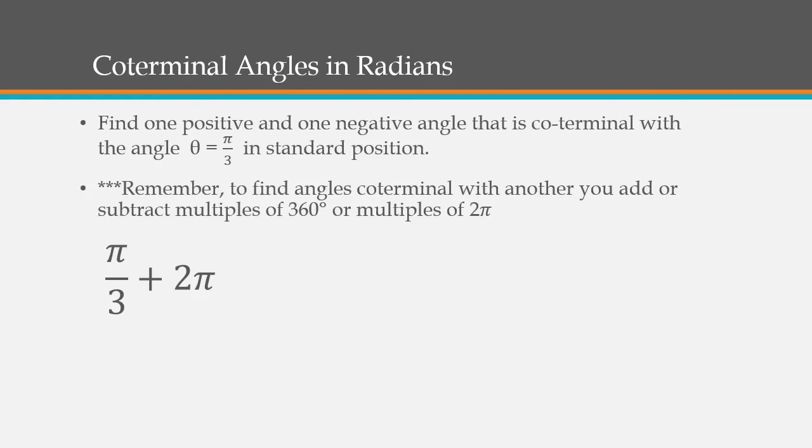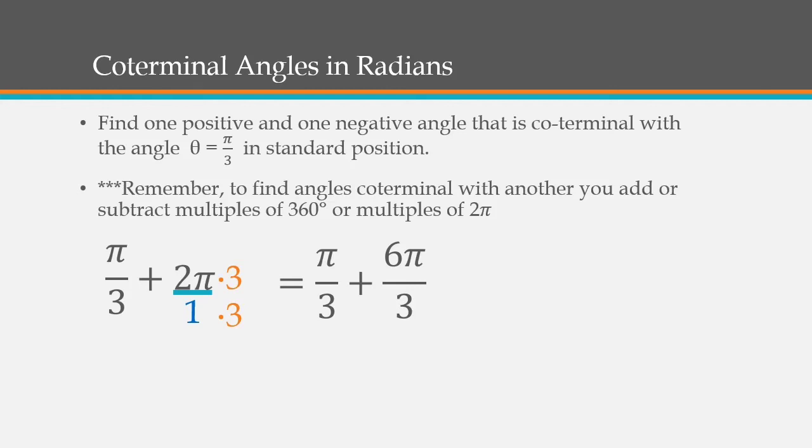So pi over 3 plus 2 pi. Let's go ahead and make this a fraction so we can add it. We need a common denominator, so we need to multiply the top and the bottom by 3. And this gives me pi over 3 plus 6 pi over 3.